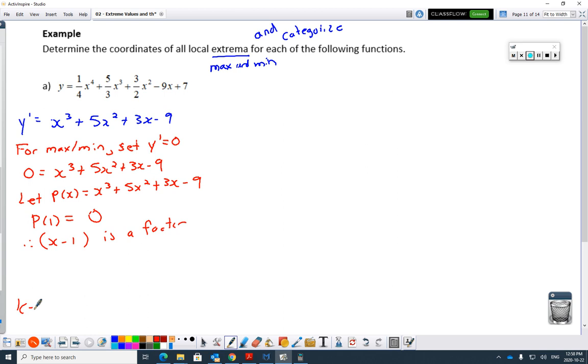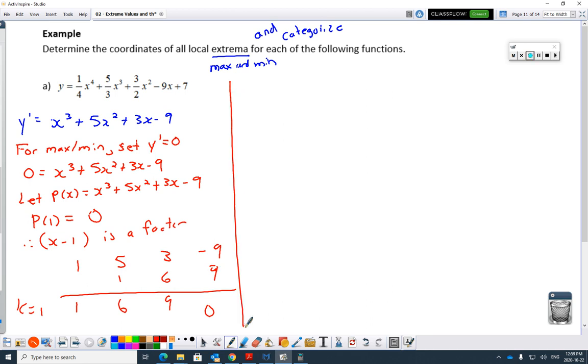So I use k equals 1, and I do the synthetic division here. 1, 1, 6, 6, 9, 9, 0. Happy to see the 0 down there. That tells me, yes, it's going to work out. That's what the factor theorem's all about. If I get a 0 when I sub in 1, that means when I divide by x minus 1, I'm going to get remainder 0.